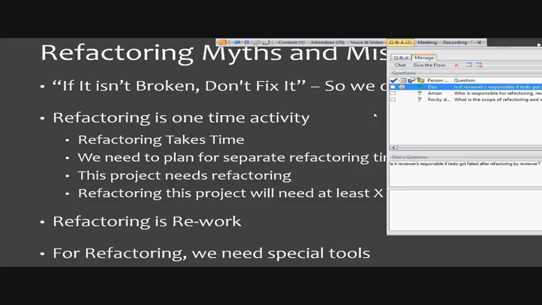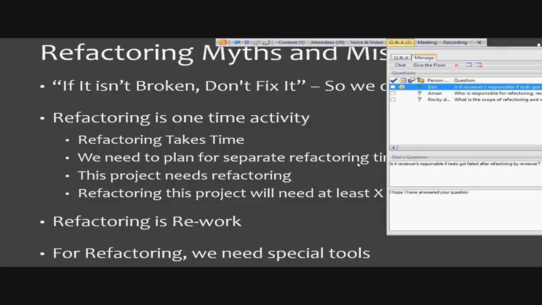So when you say the reviewer has refactored the code, that means the reviewer has touched the code, which should not be done. The reviewer should not go back and modify the code. He can definitely assist the developer. He can sit with him, or communicate these are the methods and classes that you have to write, and sometimes even provide a solution, but that does not mean he has to fix that particular code. So first, in your question, Dan, that's not the right part, and if the reviewer is not changing the code, definitely that question will not arise.